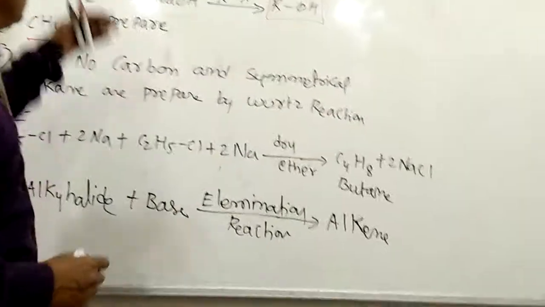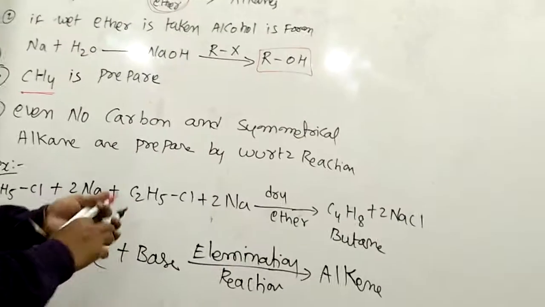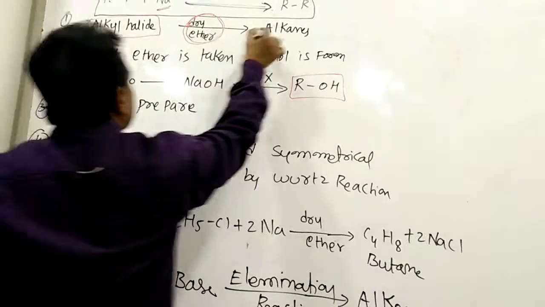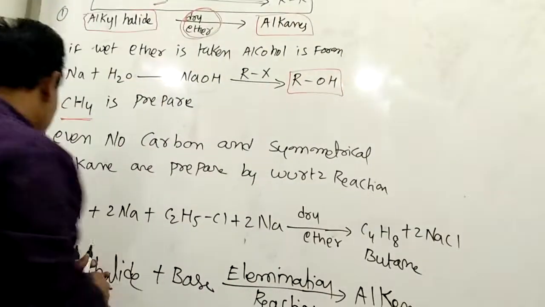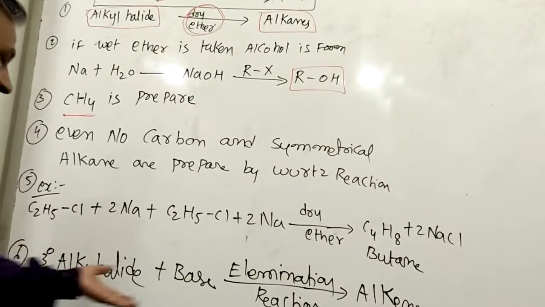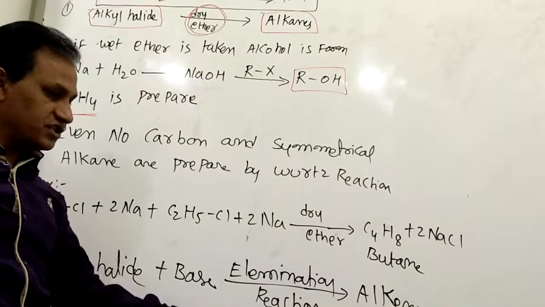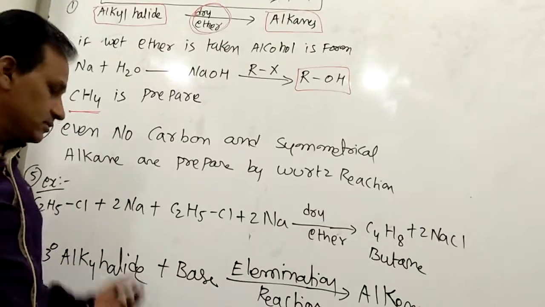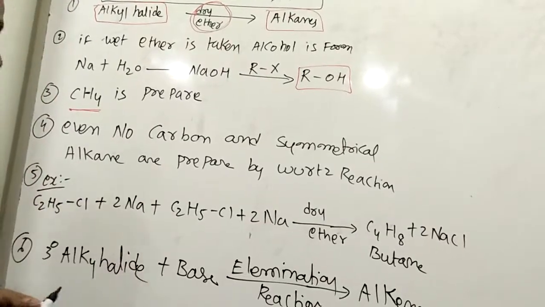Alkyl halides normally produce higher alkanes; that is the Wurtz reaction. But if you take tertiary alkyl halides in the presence of a base like sodium, an elimination reaction takes place and alkene is produced. Means tertiary alkyl halide is not preferable in the Wurtz reaction.